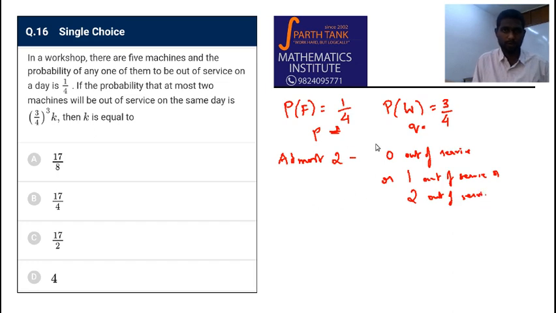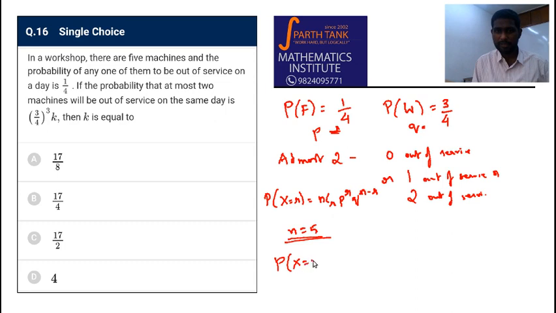For this, you know the binomial distribution, which says the probability of getting R successes is NCR P power R Q power N minus R. So since we have 5 machines, in our case N is 5, probability of X is 0 or probability of X is 1 or probability of X is 2.